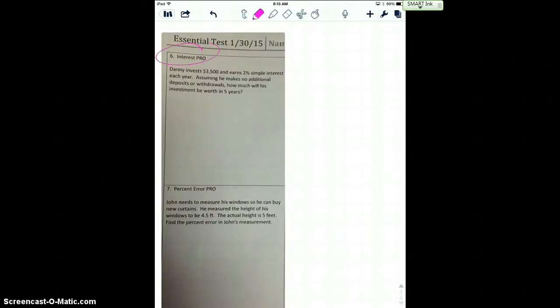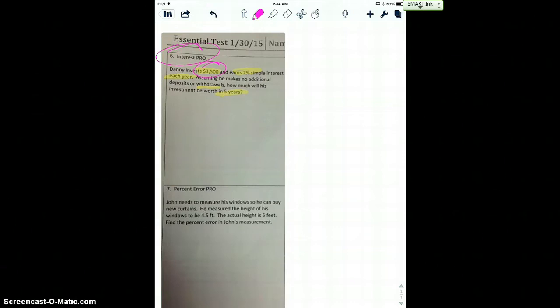Okay, going to number 6, interest. Danny invests $3,500 and he earns 2% interest, simple interest, each year. Assuming he makes no additional deposits, he doesn't put any money into it, he doesn't take any money out, no withdrawals, how much will his investment be worth in 5 years?